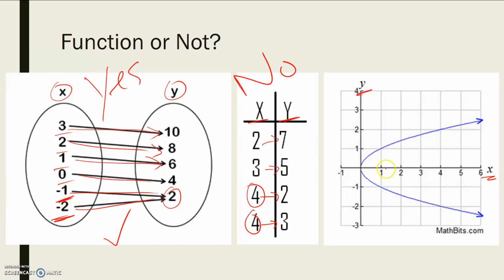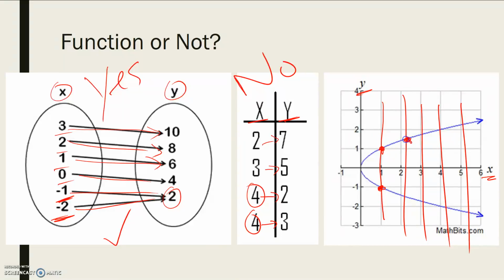If I draw a vertical line for x of 1, it goes through more than one y value, meaning that my element x1 goes to more than one element in my set y. This one goes to +1 and -1. That would be an example of one-to-many. Therefore, it is not a function. You'll notice the whole way down, the vertical lines pass through multiple points on the graph. This is not a function.